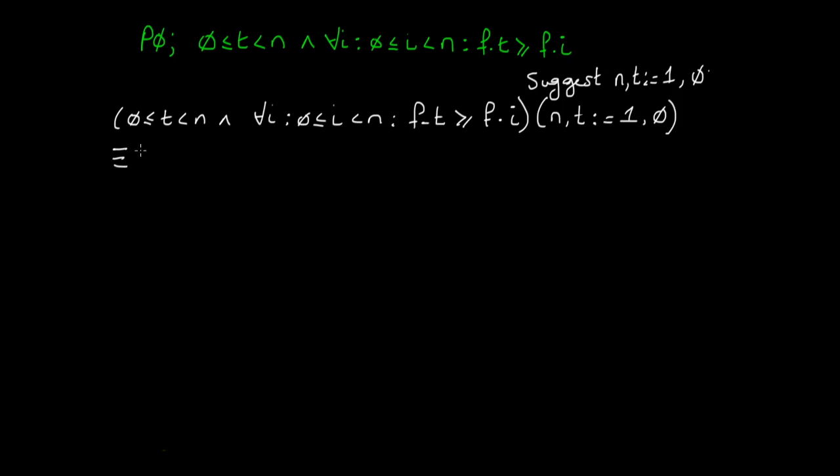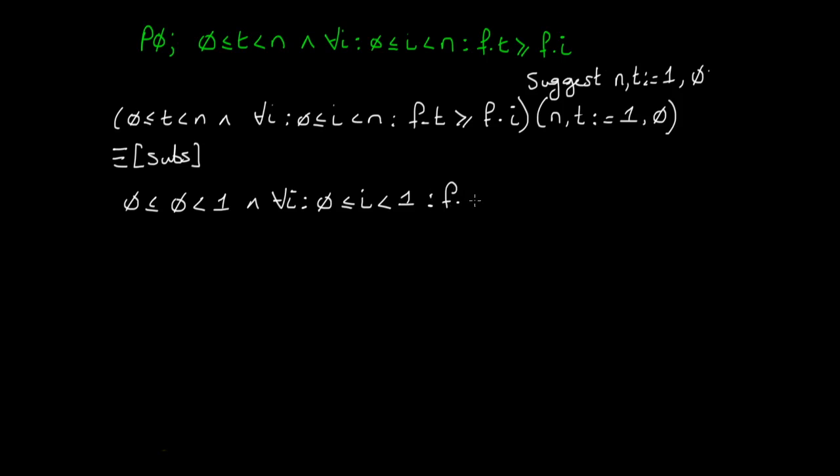So through substitution we get 0, and t is going to become 0, and n is going to become 1, and we have for all I, and I is going to be greater than or equal to 0, less than the n, and the n is going to become 1, and we have f dot t.